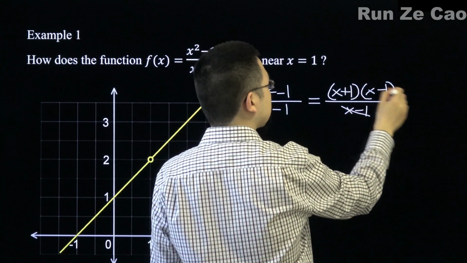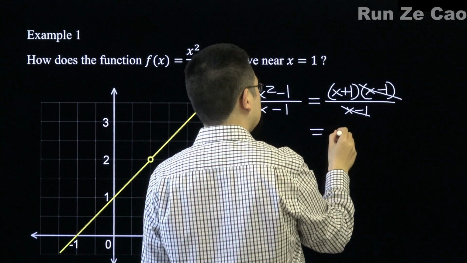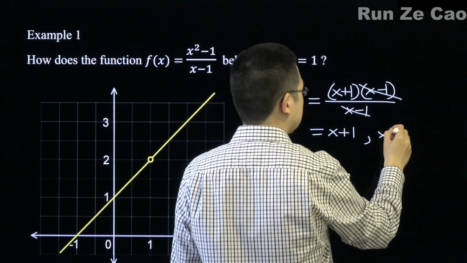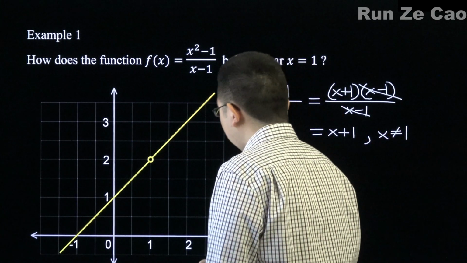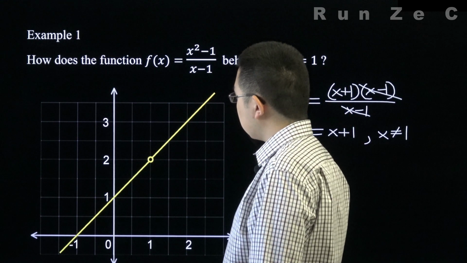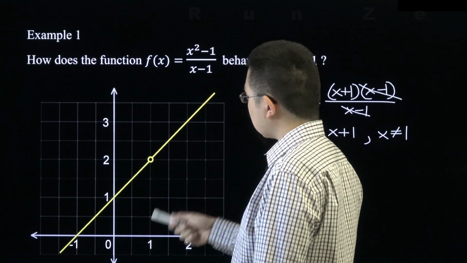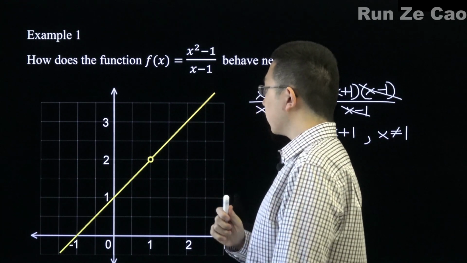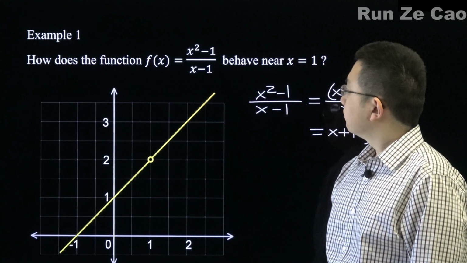So, how can we cancel this? Well, we can if we put in a caveat, which is that x is unequal to 1. And lo and behold, we have a straight line. The slope is 1, the y-intercept is 1. Okay, x is unequal to 1. Yep. Now what?